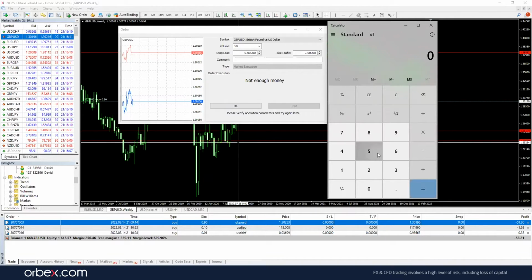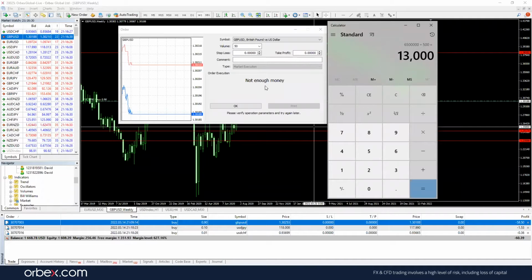So if we go to 1.30, for example, for the pound dollar, and then multiply by that, that's one lot, so that's 5 lots, and that will be 50 lots. And then divide that by 500. So I need $13,000 to open 50 lots of pound dollar, and that's why it's given me 'not enough money'.